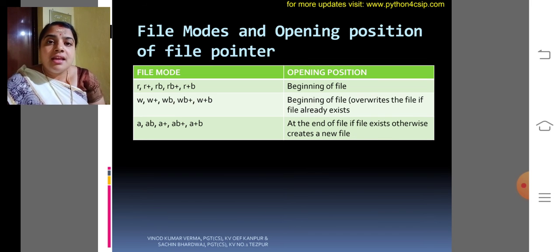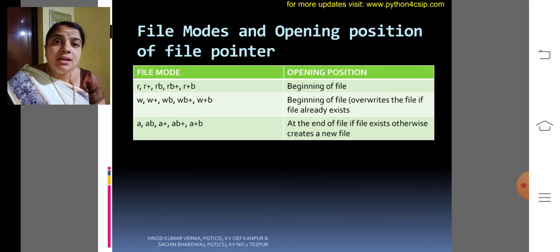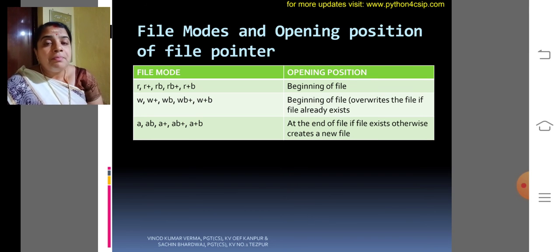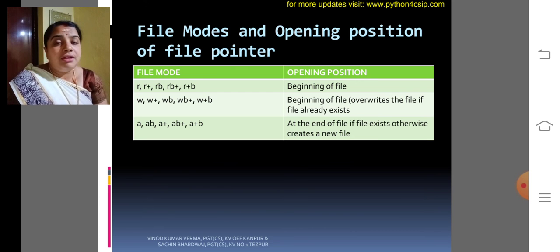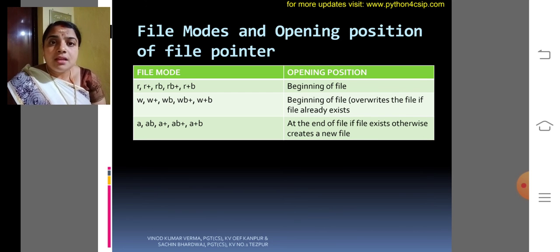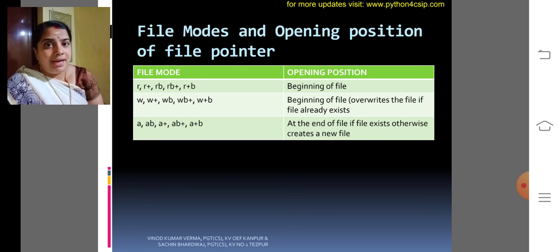Then A is for append. If you open a file for appending, the file pointer will be at the end of the file if it exists, otherwise it creates a new file. So as we discussed, for reading the pointer is at the beginning, for writing also at the beginning, and only for appending will the file pointer be at the end of the content.